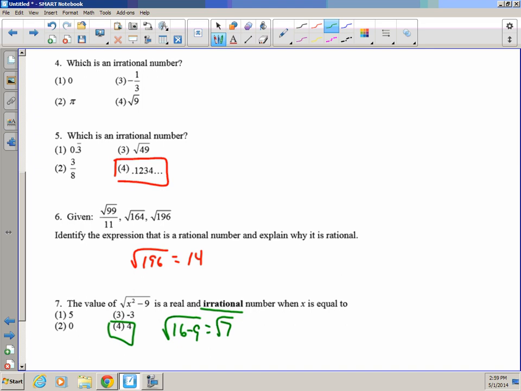If you put the other numbers in, when you put 25 in, you get the square root of 16, which is 4. That's rational. When you put negative 3 in, negative 3 squared is 9. You get the square root of 0, which is 0. That's rational. When you put 0 in, you get the square root of negative 9. That is definitely not a rational number. Okay, so what we covered today was the categorization of numbers in our real number system.